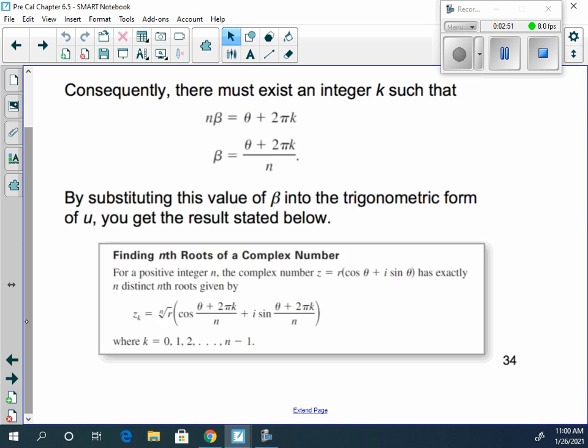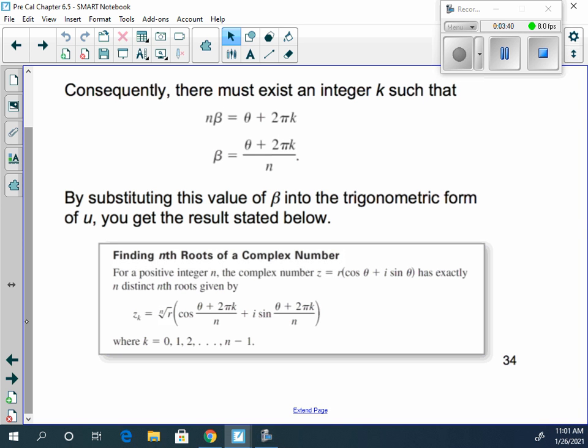So z sub k is equal to the nth root of r times cosine of (theta plus 2 pi k) over n, plus i sine of (theta plus 2 pi k) over n, where k equals 0, 1, 2, up to n minus 1.